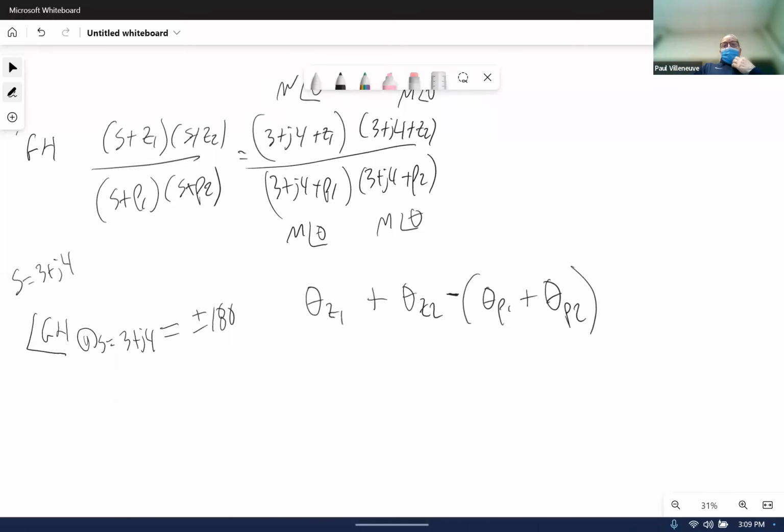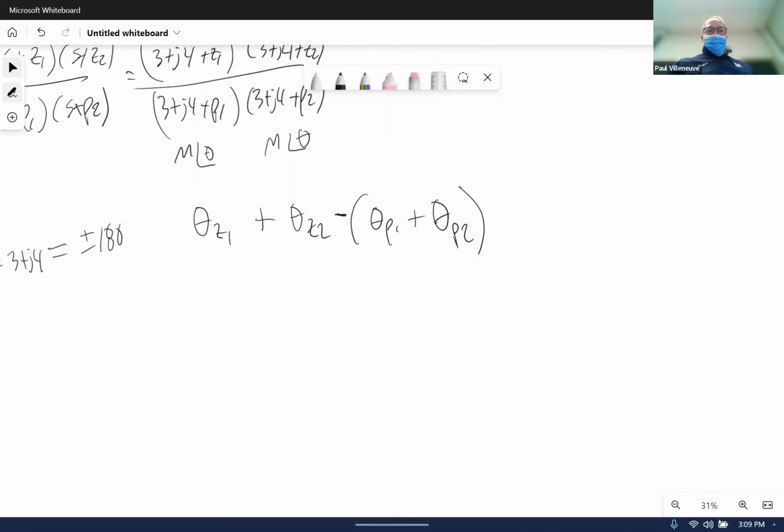So the way that you figure out if S equals 3 plus j4 is a valid point, you put all those numbers in, then you calculate if this is equal to plus or minus 180. If it's not equal to plus or minus 180, then it's not valid.